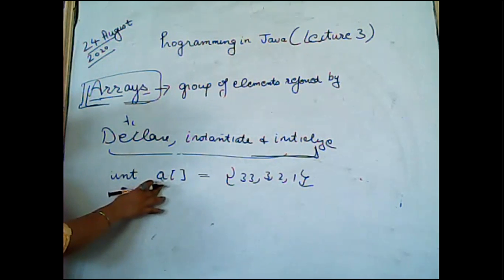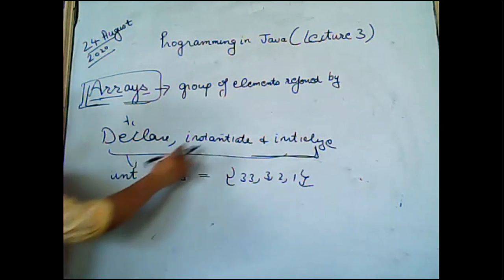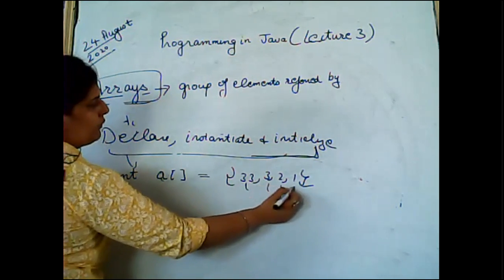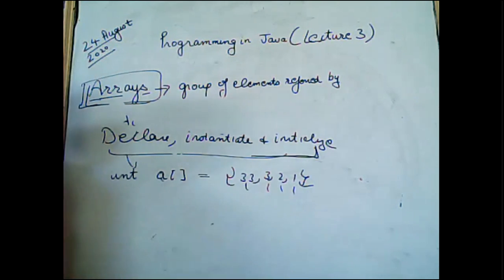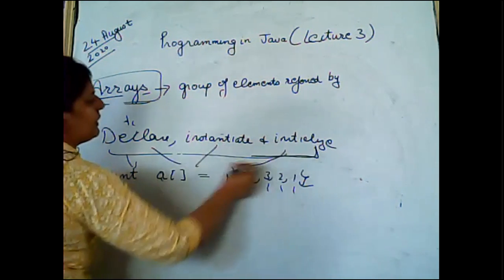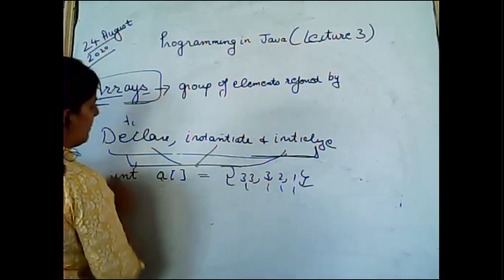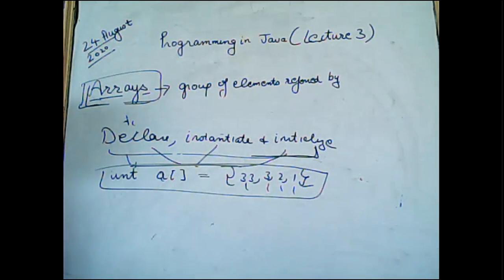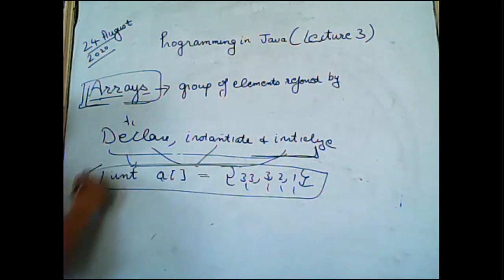You are declaring that array, you are instantiating an array by giving the array elements as 1, 2, 3, 4, and you are giving the elements also. So all three things are being done in combination in a single statement. This is also one of the methods by which you can declare an array.